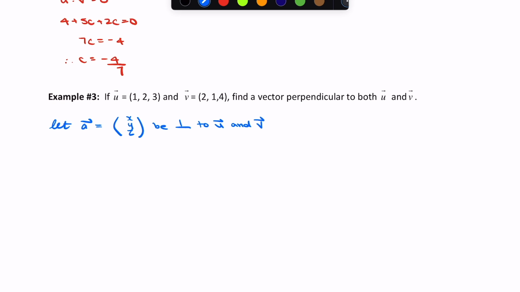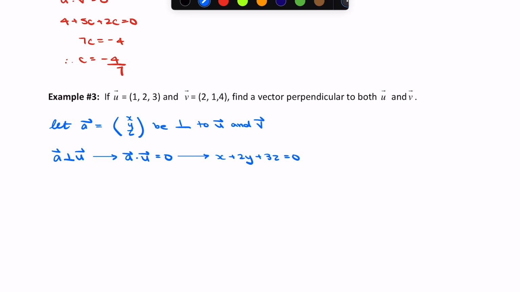So here we see that vector a has to be perpendicular to vector u, which means that the dot product of vector a and vector u has to be equal to 0. So that means here x plus 2y plus 3z is equal to 0.